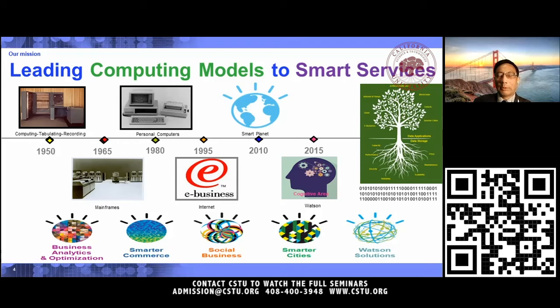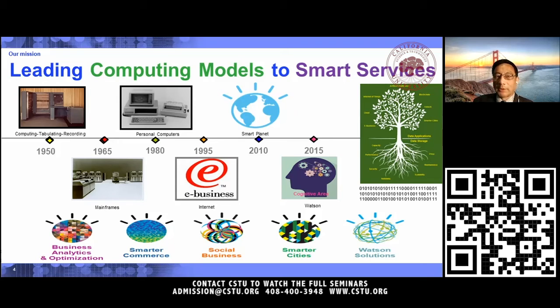Then we thought everybody has their personal device, and connected together they can do business. We call it electronic business, not the normal traditional human business. In the year 2008, IBM had another terminology called the smart planet. Then smart city, smart this, smart that. Everything put smart on top of that terminology.